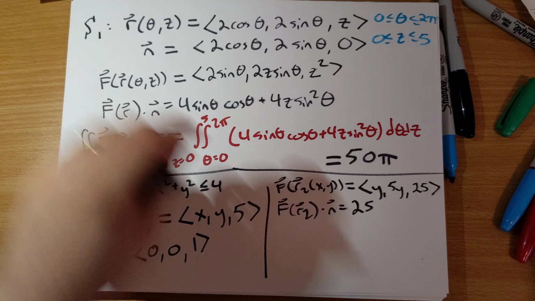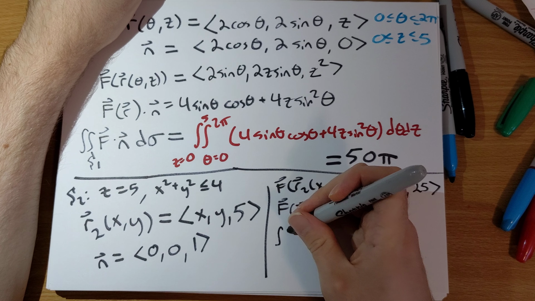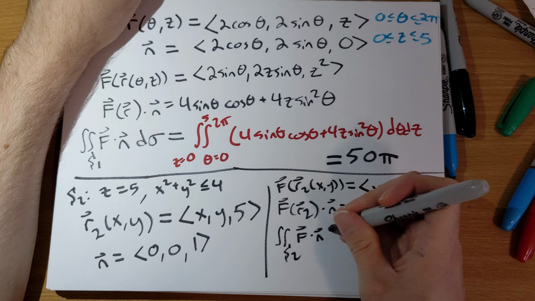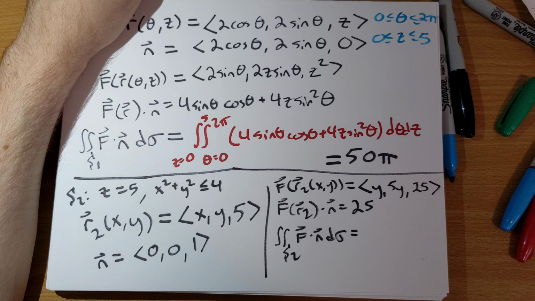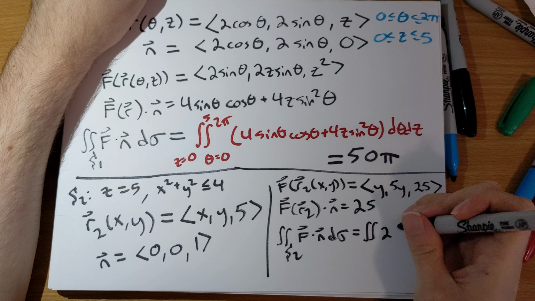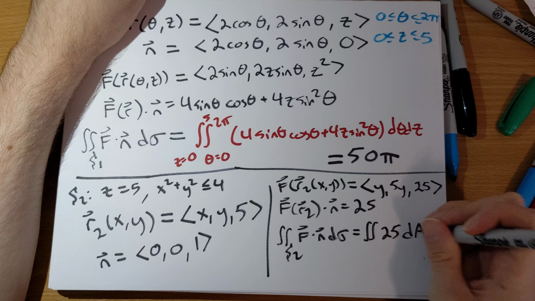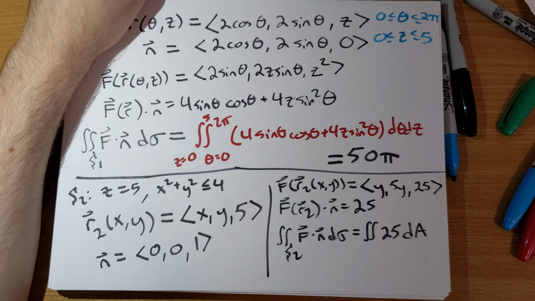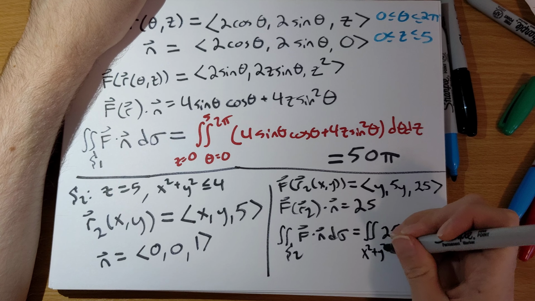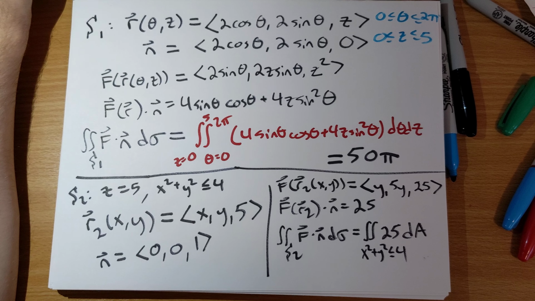So what we are doing here is that our double integral over S2 of F dot N d sigma is the double integral of 25 dA over the region that's x squared plus y squared is less than or equal to 4.